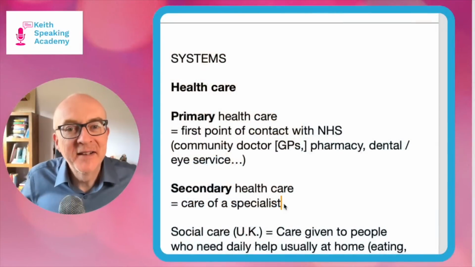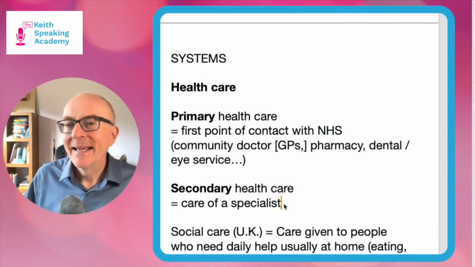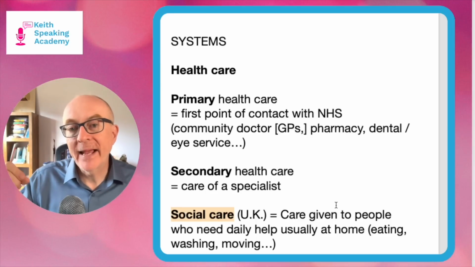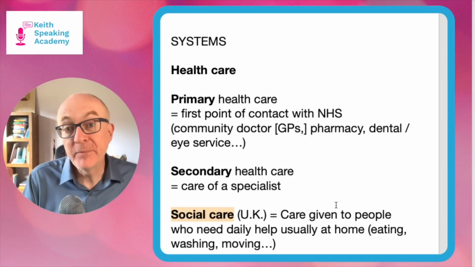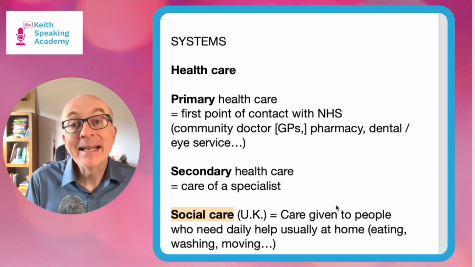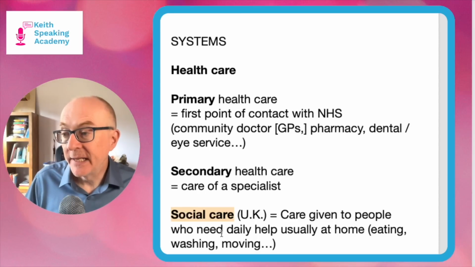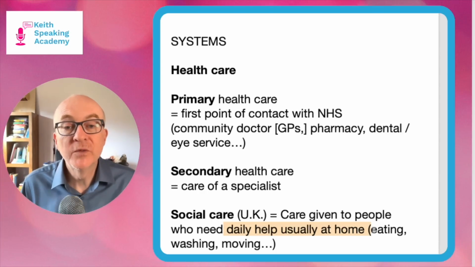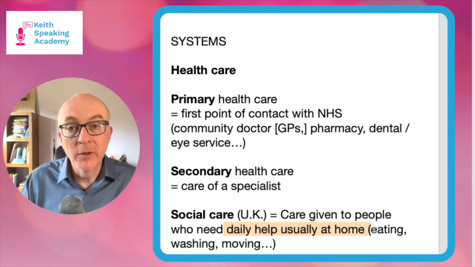the secondary healthcare, right? In England, we also talk a lot about social care, and social care is often outside the hospital, in people's homes, care given to people who need daily help, usually at home, like eating, washing, moving. So some people who maybe have had surgery and cannot move, they're in bed at home, they need social care.